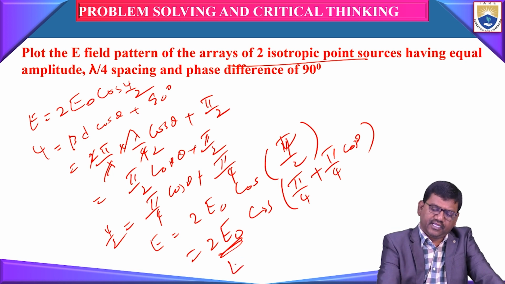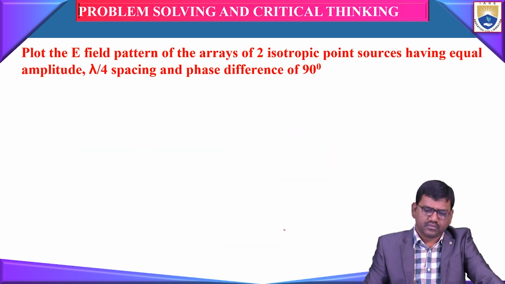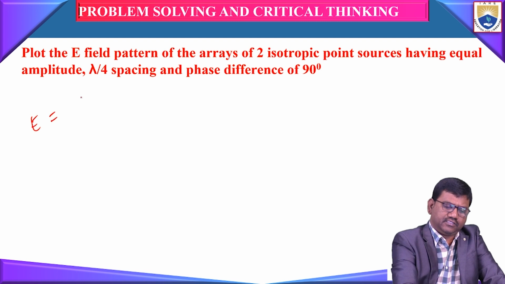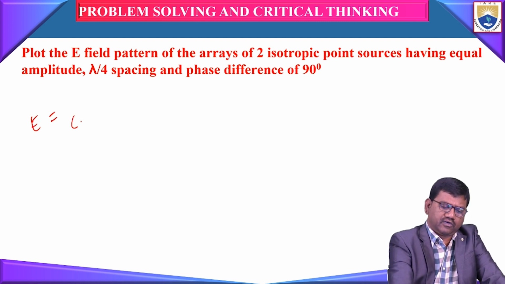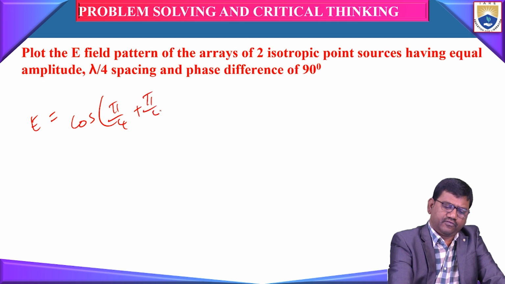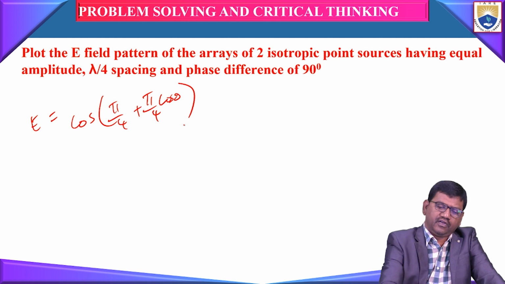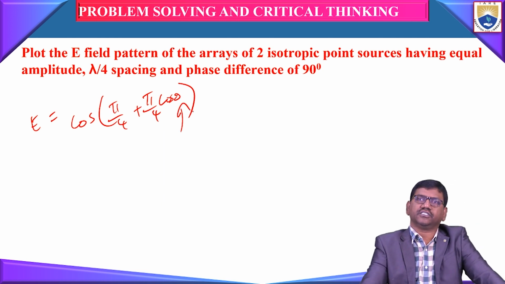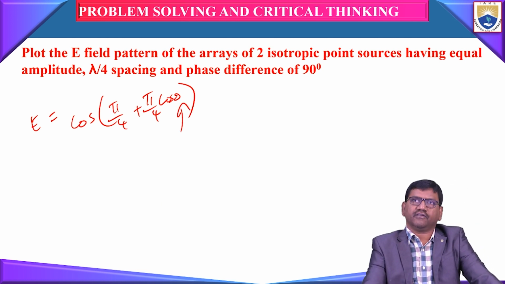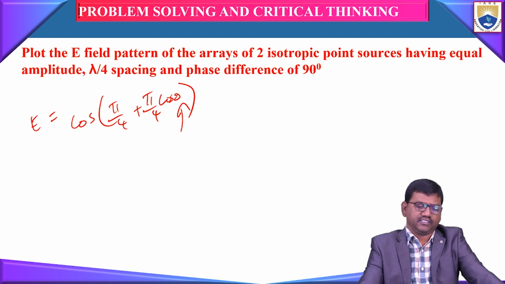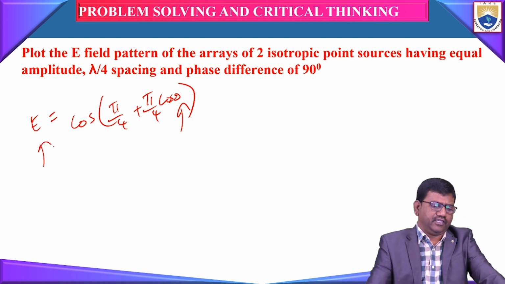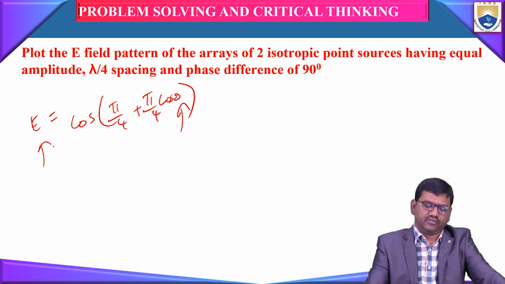So simply we can write E is equal to cos of pi by 4 plus pi by 4 cos theta. Now for different values of theta, let us substitute theta as 0, 90, 135, 180, 270 and 360, and find the value of E.